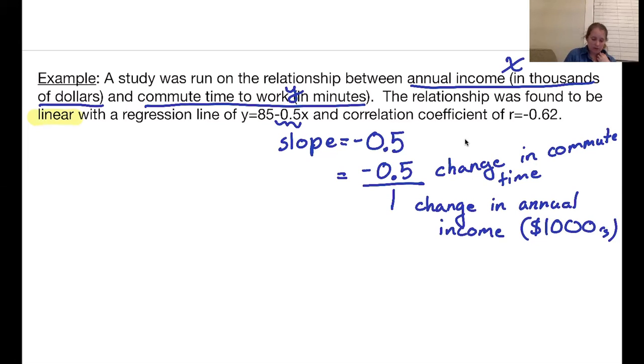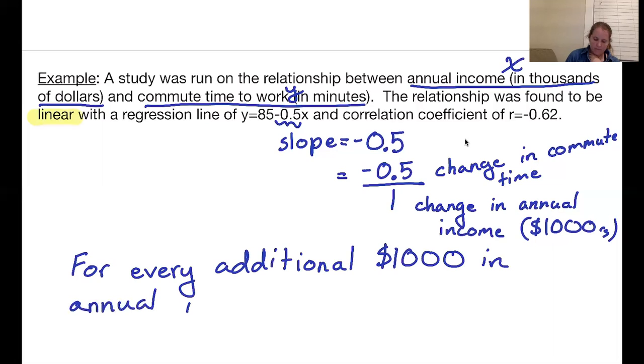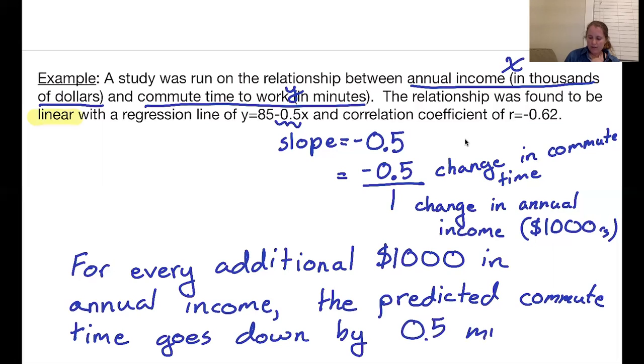So what we have here is for every additional $1,000 in annual income, the predicted commute time goes down by 0.5 minutes.